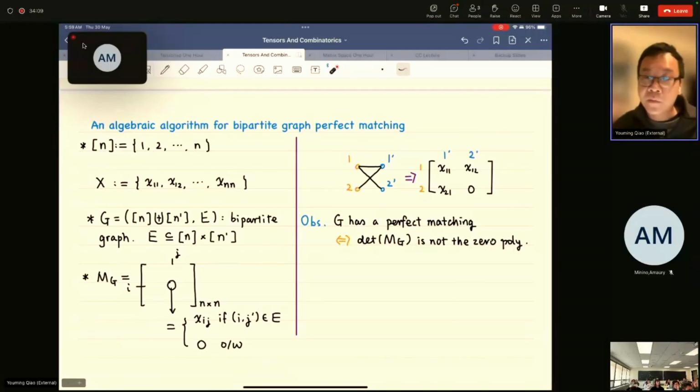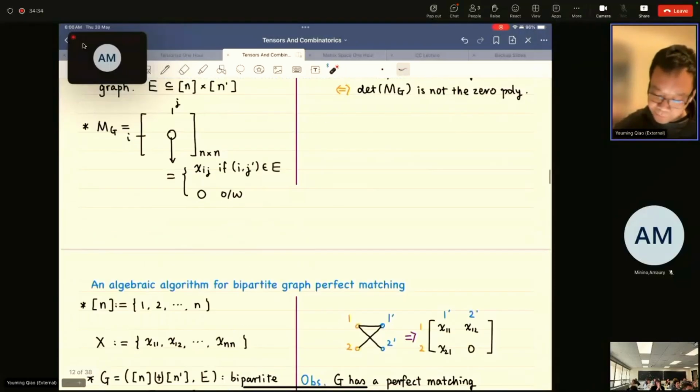This is the first connection we see between graph theoretic structures, perfect matching, and the tensor theoretic structure: you take a matrix of linear forms, you take its determinant, and you ask whether it's a zero polynomial or not. So this is the observation, which leads to the connection.